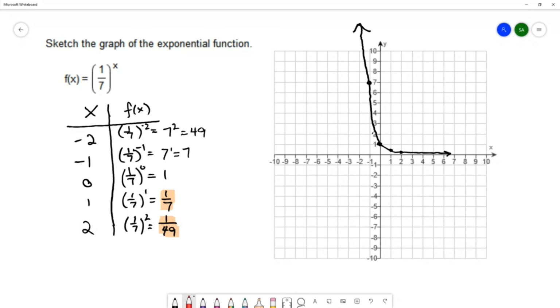And this exponential function, like other exponential functions, has a horizontal asymptote. This horizontal asymptote is right on top of the x-axis, the line y equals 0. So we have a sketch of our function f of x equals 1/7 to the x power.